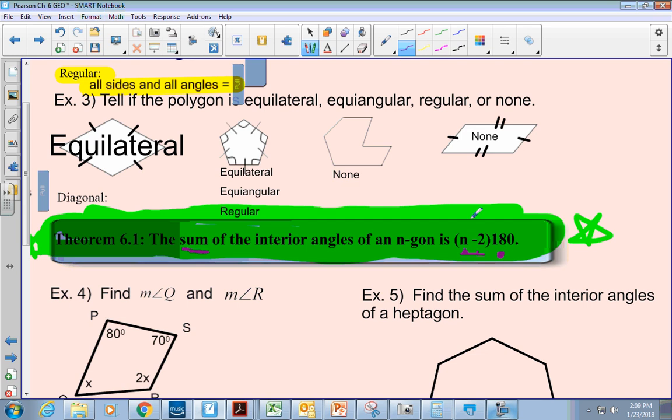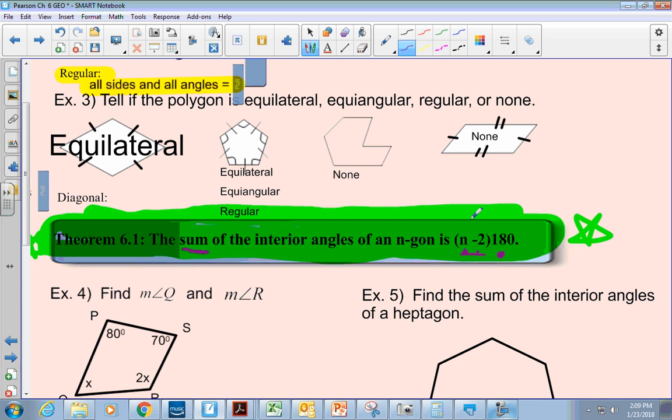The way I remember this formula is I go back to the triangle. What is the sum of all the angles inside of a triangle? 180. How many sides does a triangle have? 3. What do I multiply 180 by to get 180? 1. Right.